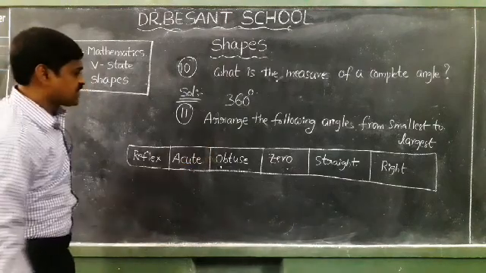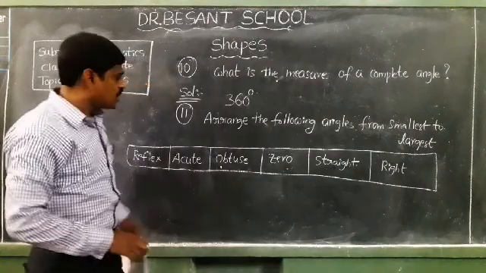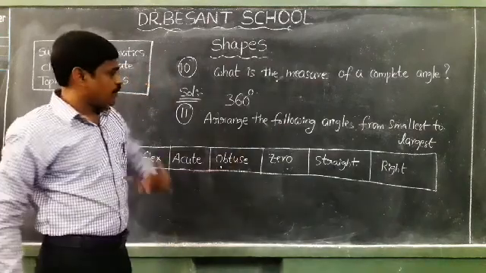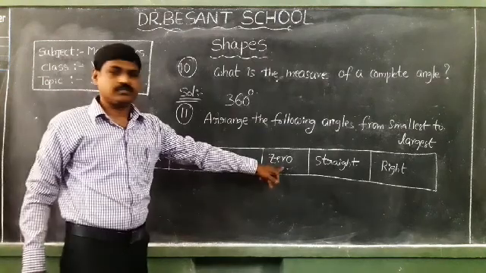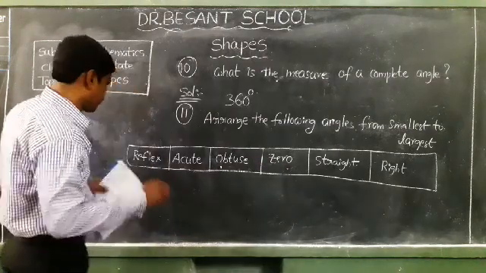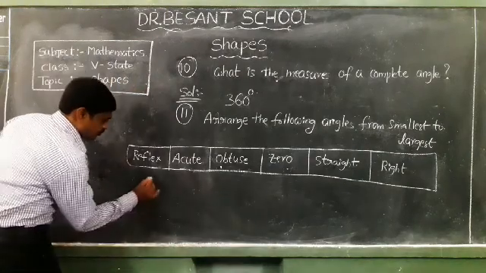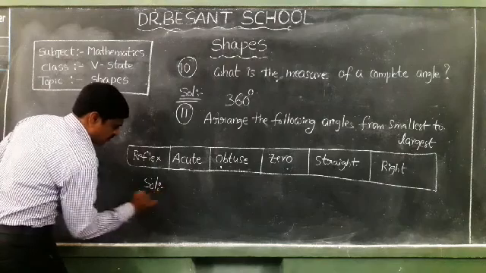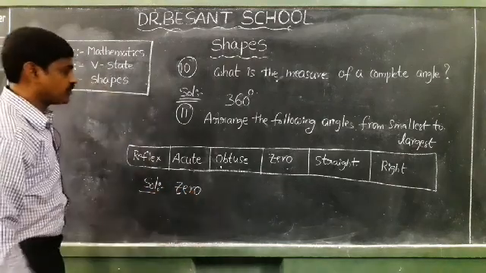See, first of all, arrange the following angles from smallest to largest means, comparing all these angles, which is the smallest angle? Zero. So first one, zero angle.